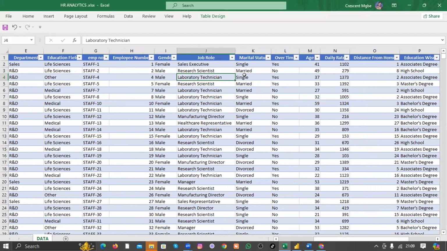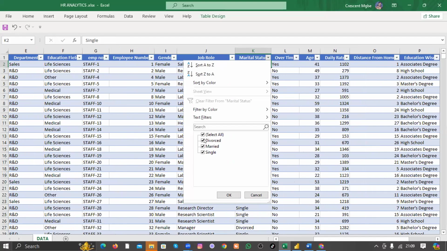The next column is the marital status. So we need to know those that are single, those that are married, those that are divorced. You can see they want to know if you're divorced, married, or single. Maybe they may want to use this information if they want to give out compensations or gift items, or they want to do some postings.